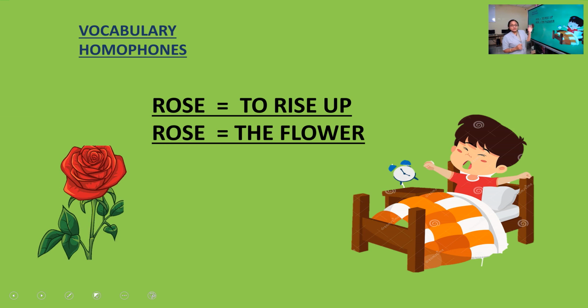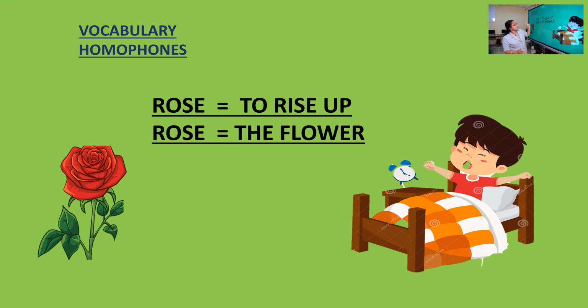So the word rose is pronounced in the same way, but has two different meanings. The word spells the same, R-O-S-E. One means to rise up, and another, again R-O-S-E, the flower. The spelling is the same, but the meaning is different, and they are pronounced in the same way.